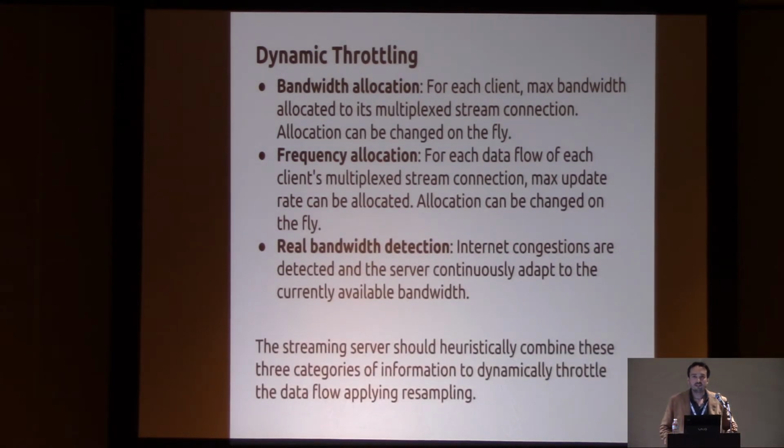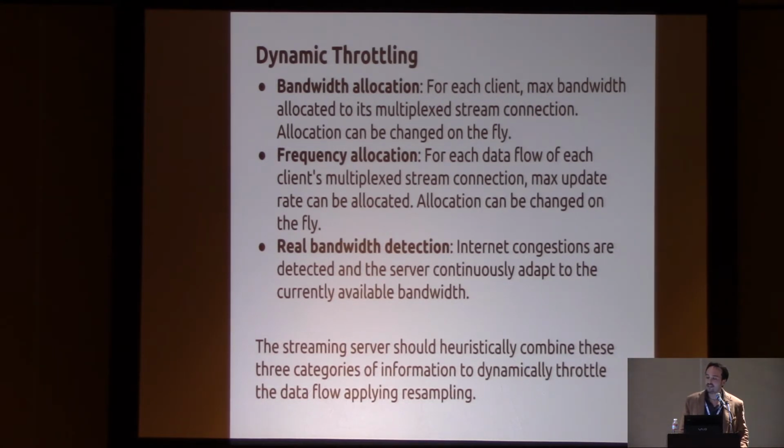Dynamic throttling means that for each update that you need to send, you decide whether to send it or to discard it based on the actual availability of the connection. So you have to know somehow if you have congestion or not. And the best way to do that is to keep a small TCP buffer and see how fast you can empty it, because you can empty the buffer only when you receive the acknowledgements back from the other side.